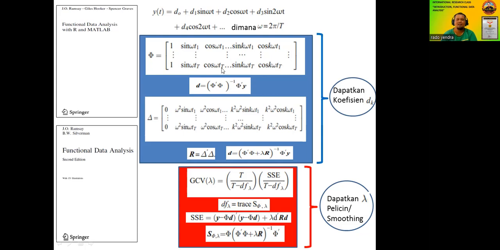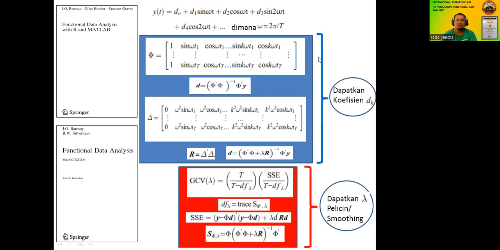Okay, you can imagine that this is a very simple technique, but if we have many variables and much data, of course we need software like R.